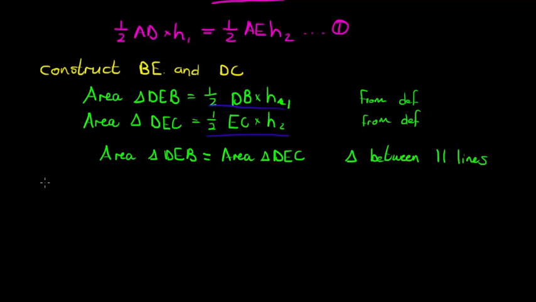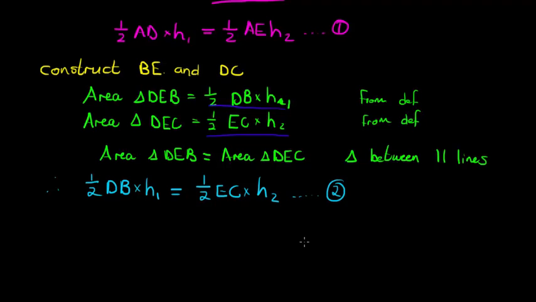In other words, therefore, a half DB times H1 is equal to a half EC times H2. And here I've now brought to the boil equation 2.